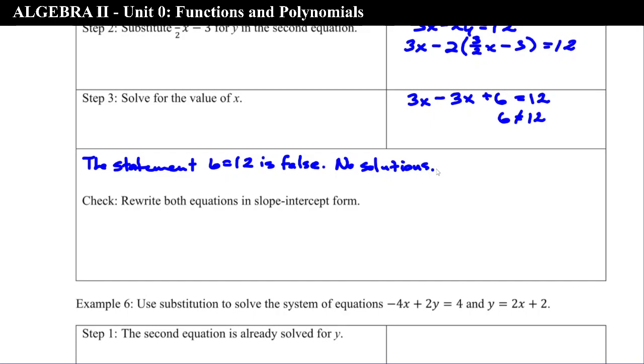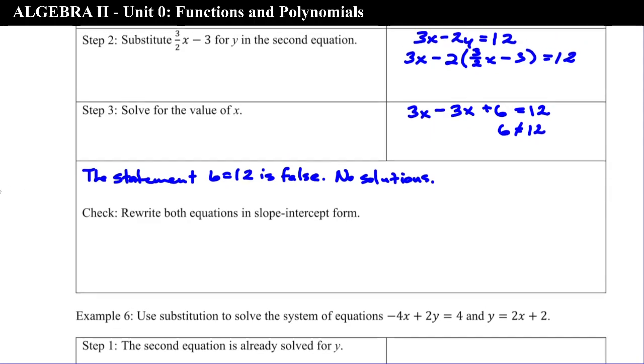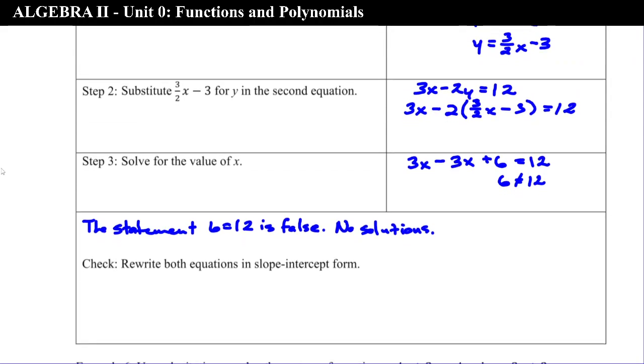Now, if you want to do a check on this, just to back up what you found here, you can rewrite both equations in slope-intercept form. Okay, so let's go back up to the first equation. Well, the first equation we already wrote in slope-intercept form when we solved it for y. So let's write that here. Y equals 3/2 x minus 3. Well, the other equation was 3x minus 2y equals 12.